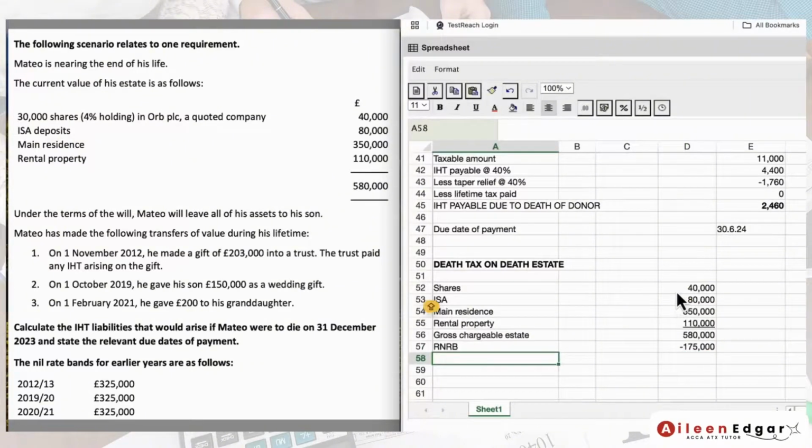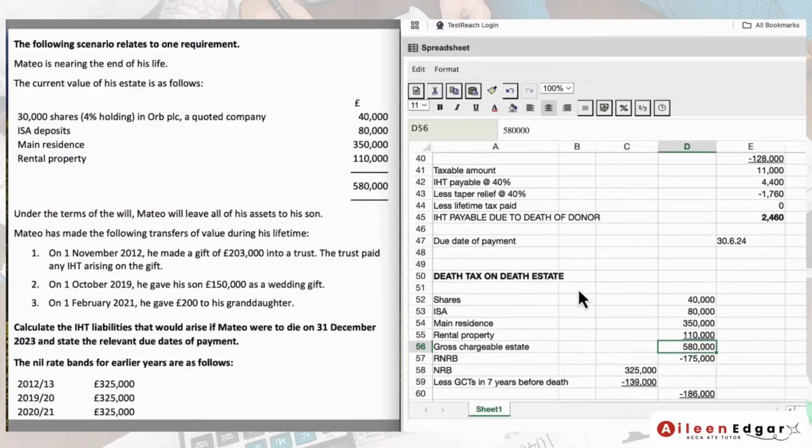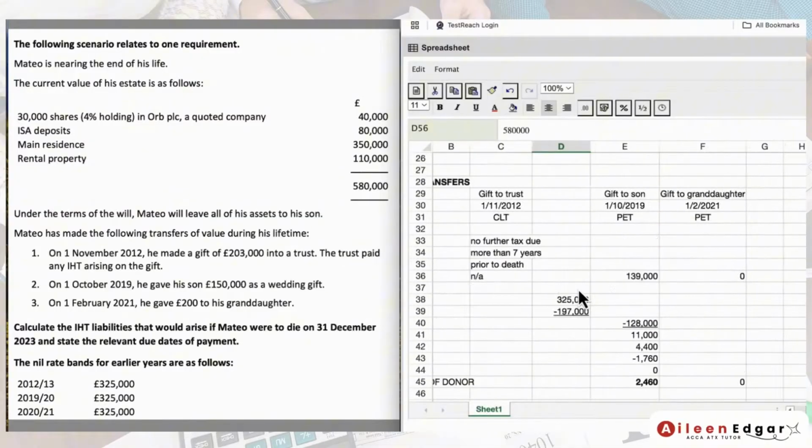And then the other one we want to think about is the nil rate band itself. Again, there's a nil rate band that you can use against the death estate, but it's a 7-year rolling nil rate band. So we have to look at what's happened in the 7 years leading up to this date of death. Has anything happened in that 7 years that would use up the nil rate band available to set against the death estate? What were the things that fell in that 7-year period?